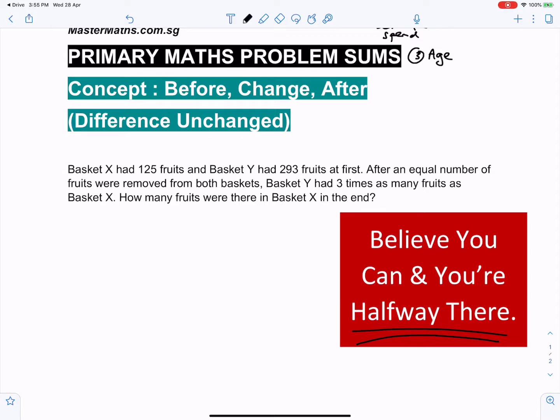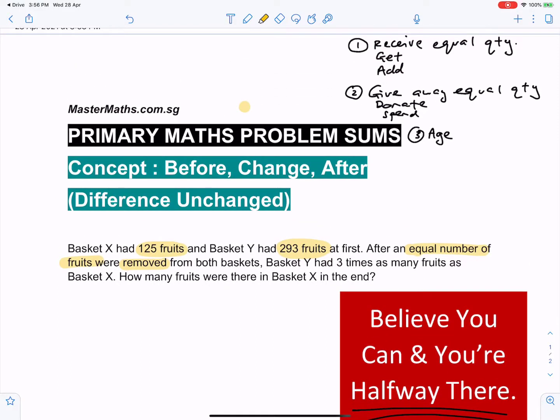Let's discuss this question. Basket X had 125 fruits and basket Y had 293 fruits at first. After an equal number of fruits were removed from both baskets, this looks very much like the second case. Look at this top part.